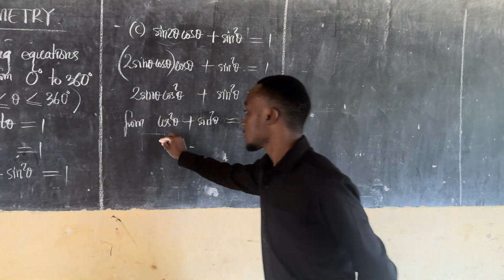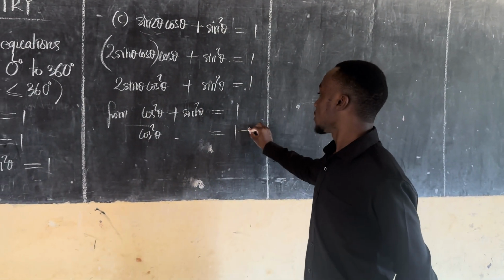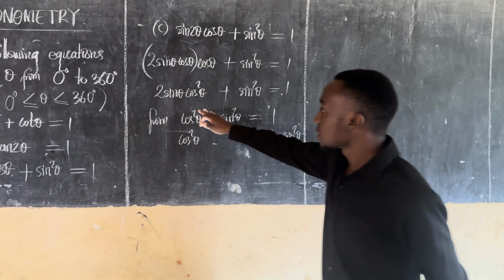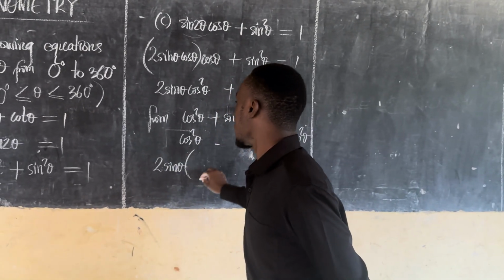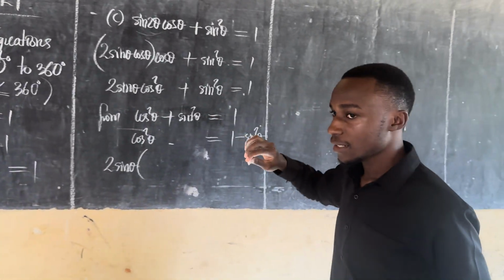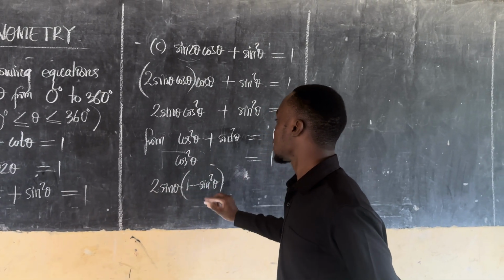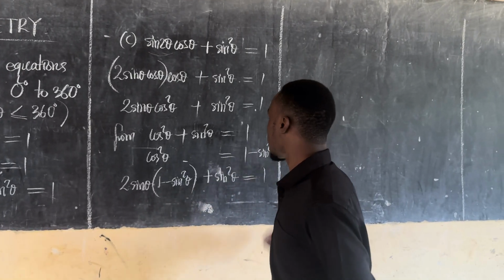We know that cos square theta is always equal to 1 minus sine square theta. That means I will write this as 2 sin theta in 2. Instead of cos square theta, I will write 1 minus sine square theta plus sine square theta equal to 1.